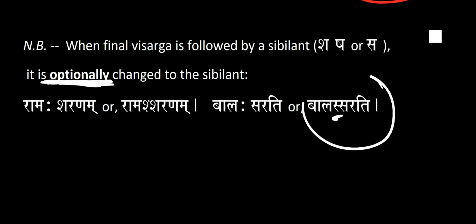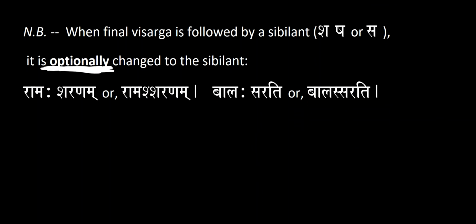If you don't want to write a sentence and apply the Sandhi rule, you might have to translate something where the Sandhi rule is applied. So again, when a final visarga is followed by a sibilant, sha or sa, it's optionally changed to the sibilant, or you can just leave the visarga as it is.